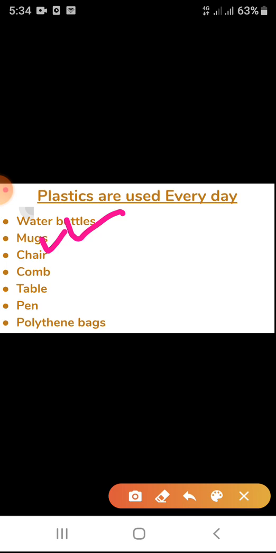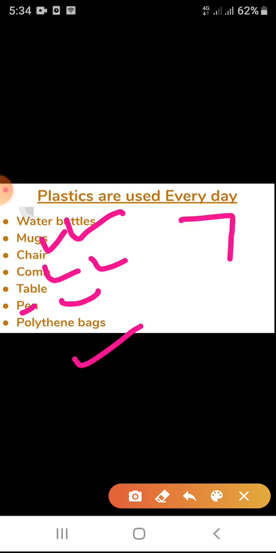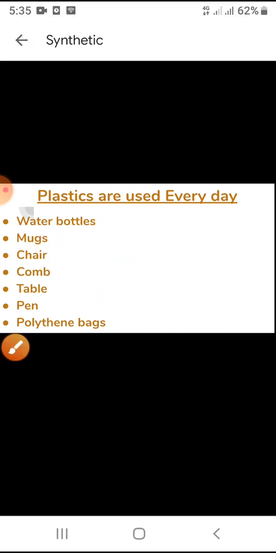Chairs, comb, table, pen, polythene bag. So these are plastic. I suppose you are all very familiar with these plastics, because they are used in our day-to-day life, on a daily basis. Okay children, let's move to the next slide.